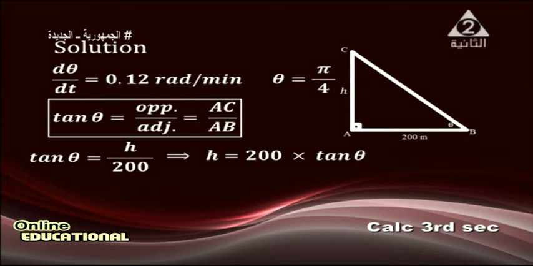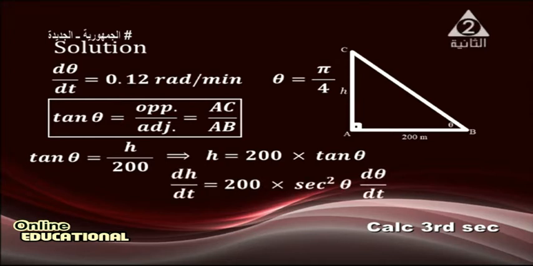Now we have a relation between the height h and the measure of the angle of elevation. By differentiating both sides with respect to the time t, dh/dt equals 200 times the derivative of tan θ with respect to time. The derivative of tan θ is sec^2 θ dθ/dt.